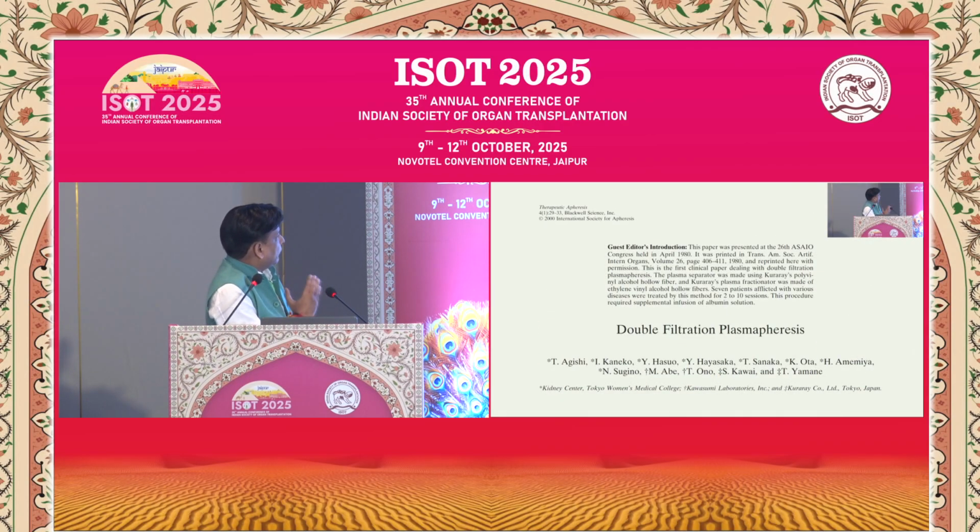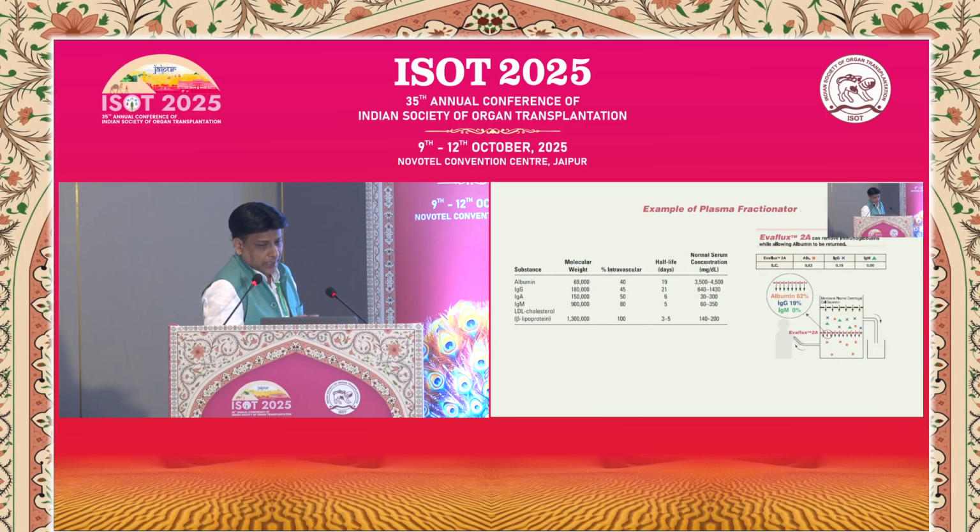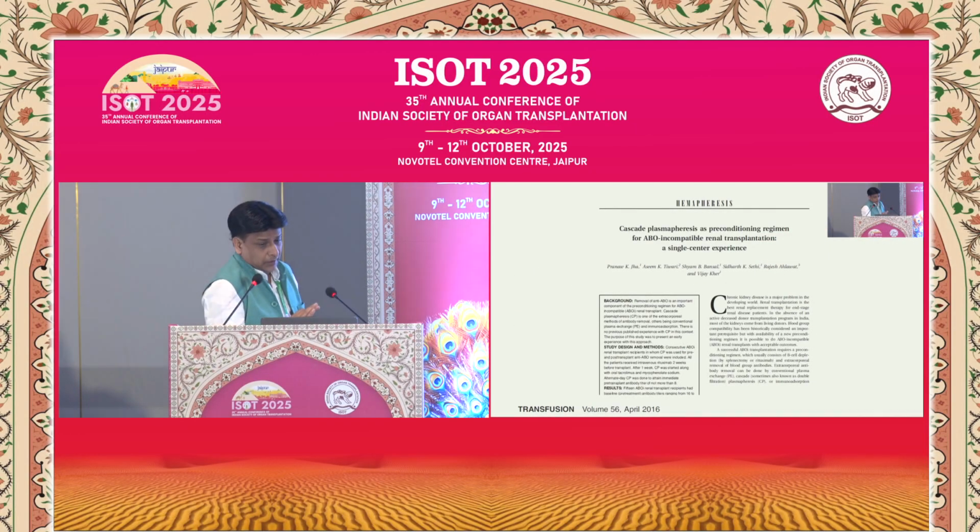Double filtration plasmapheresis was initially published in 2000. What is the benefit? Almost 60% to 70% of the albumin is returned, 19% of the IgG, and 0% of the IgM is returned.